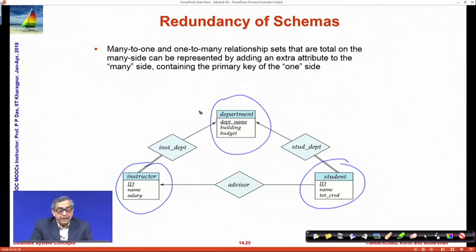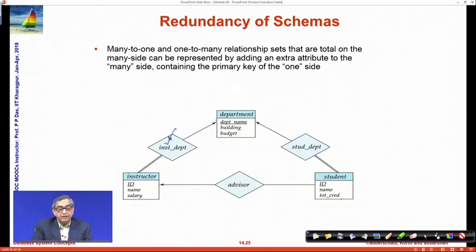So, we want to say that the instructors belong to certain departments, every instructor belongs to one department, which is the totality of the relationship here. Similarly, every student belongs to a department, totality of the relationship on this side, and inst_dept in that context is a relationship which is between instructor and department.